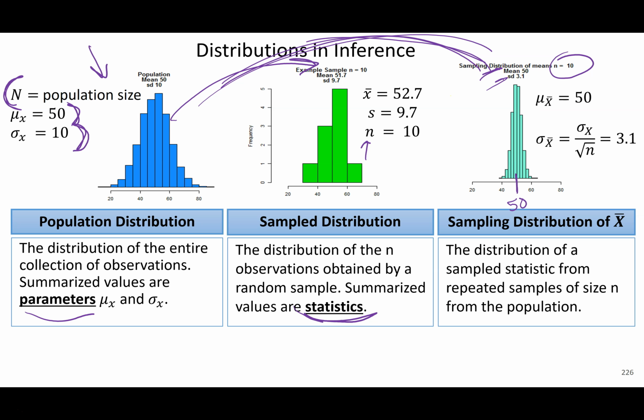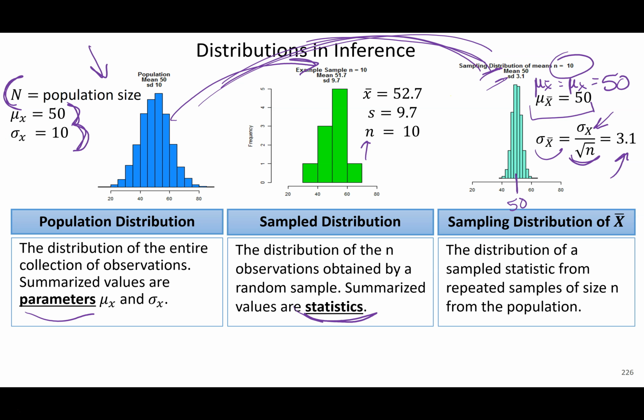It's going to be very tiny. So the value here is going to be mu of x bar, which is equal to mu of x, which is 50. And then sigma of x bar is going to be the population standard deviation divided by square root of n. It's going to be smaller than it was over here.